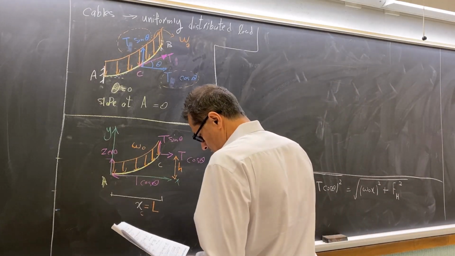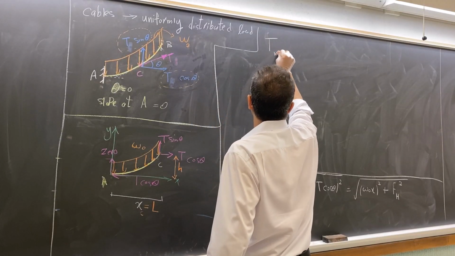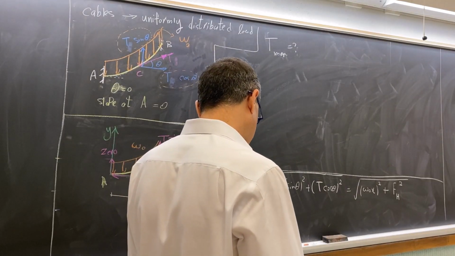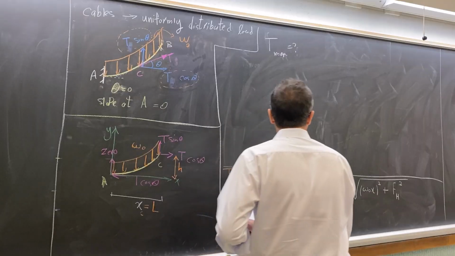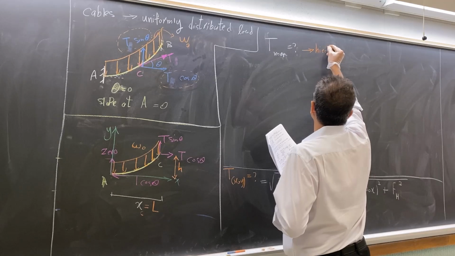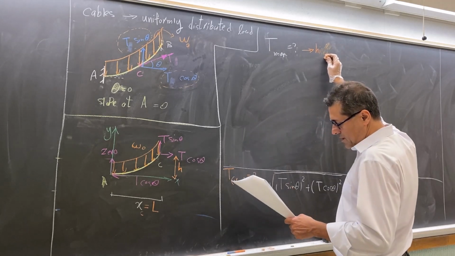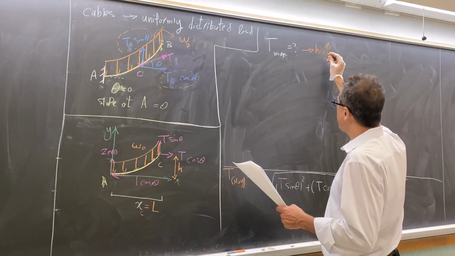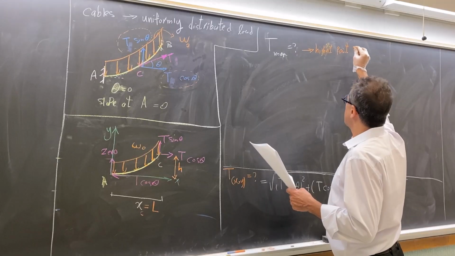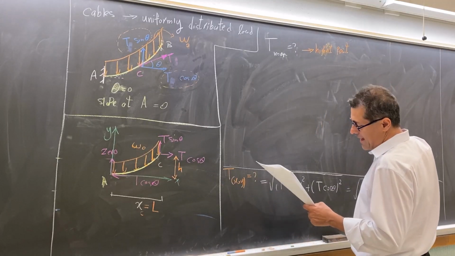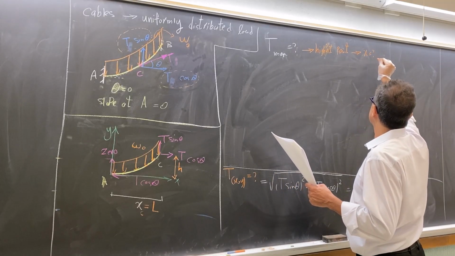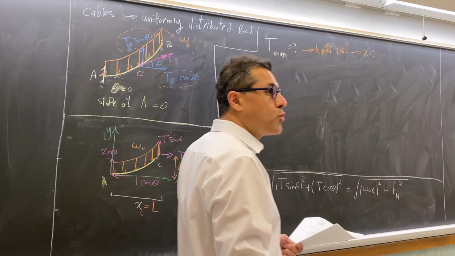Now, the question is how to find the maximum of the tensile force for different points along the cable. Remember, it has something to do with the highest point. Right? So you go for the highest point, and for that point you have the value of x, because you know from the geometry which point is the highest point.